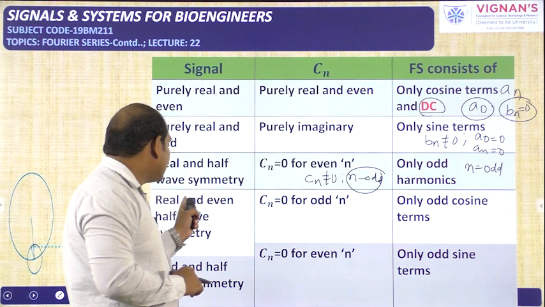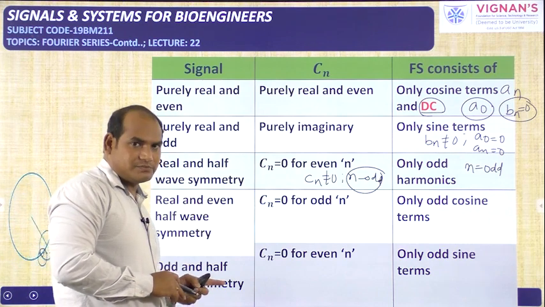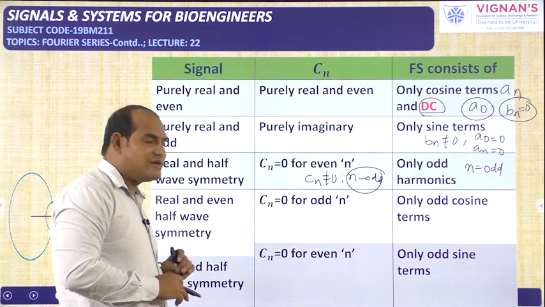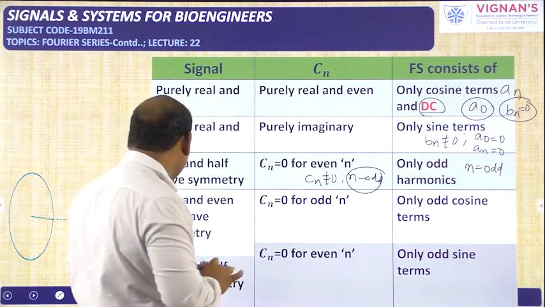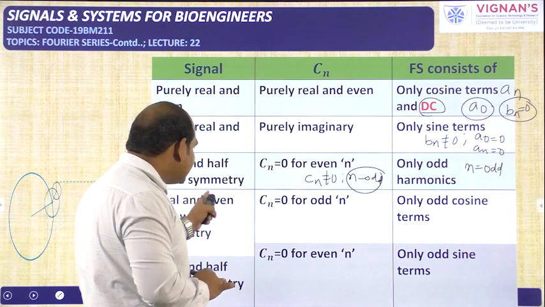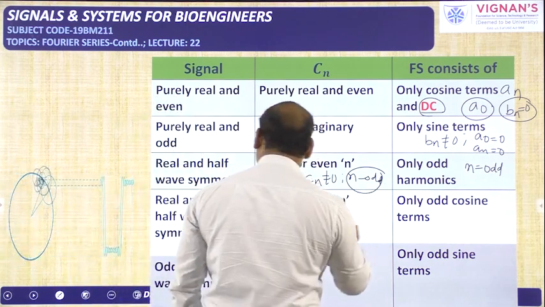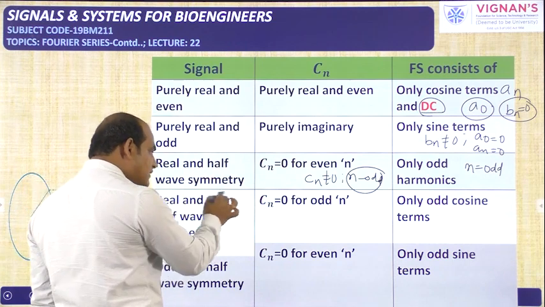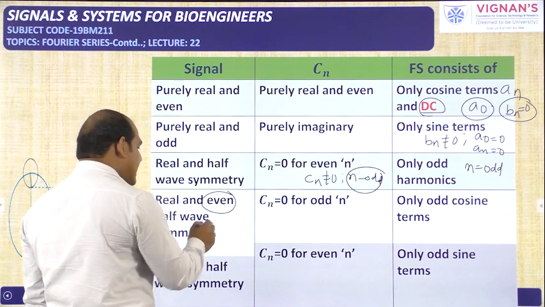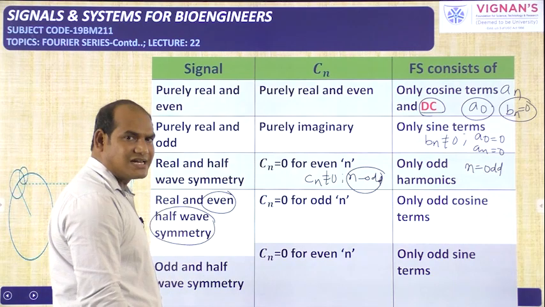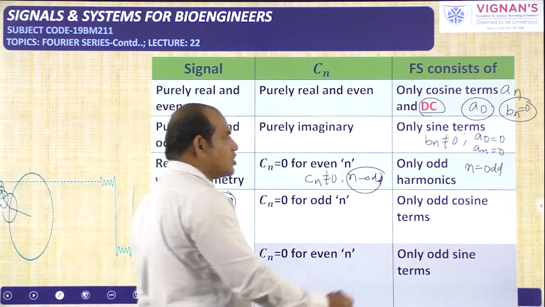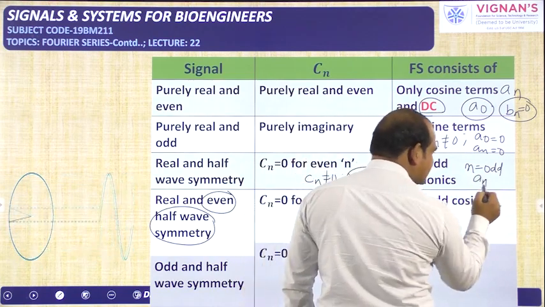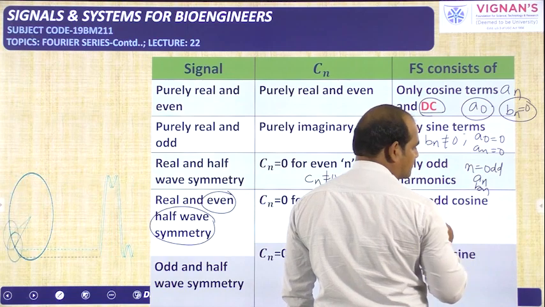Next, real and even with half wave symmetry. So even will be available and half wave symmetry will be available. Both properties we have to include. You see the difference between these two: here we did not mention it is even, but here even is there. So the even signal property has to be satisfied, and the half wave symmetry property also. If it is only half wave symmetry, you observe only odd harmonics, that means An is existing and Bn is also existing.